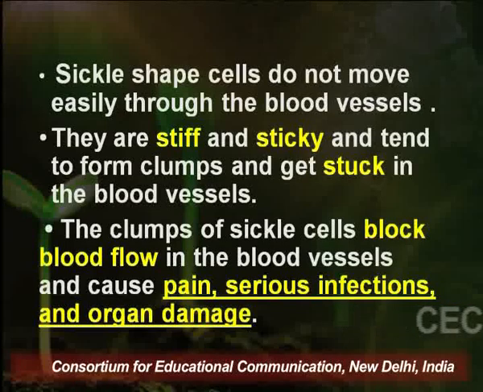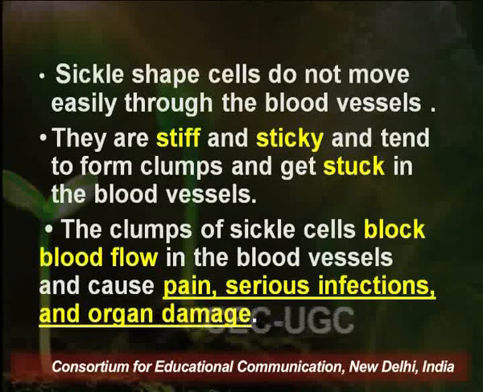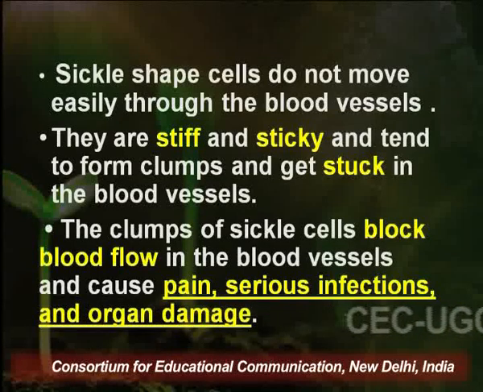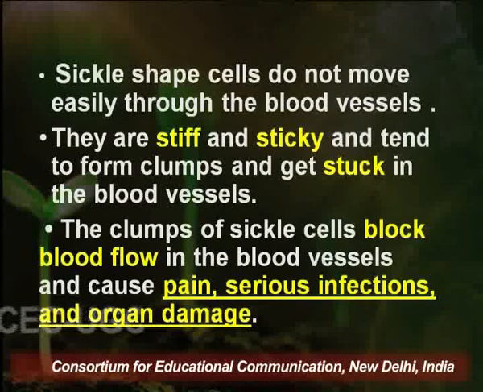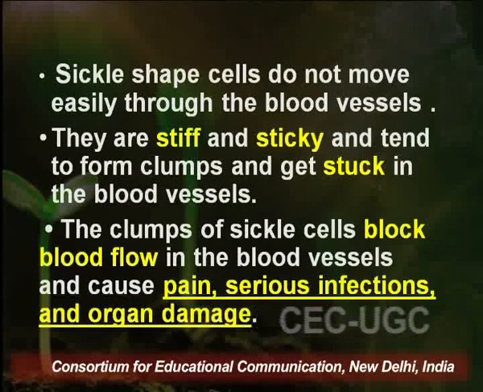Now, this has a lot of problems as far as the shape is concerned, because it would have a lot of problems in moving through the blood vessels. It becomes stiff, it is sticky, and therefore the blood vessels can be clogged. And when the blood vessels are clogged, there is a blocking of the blood flow, and it results in serious infections.